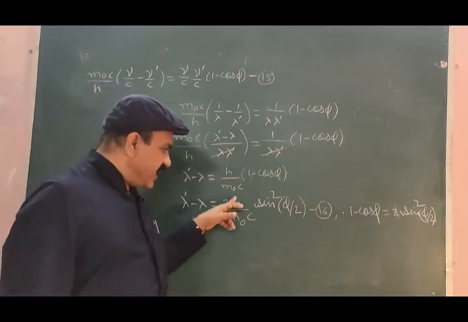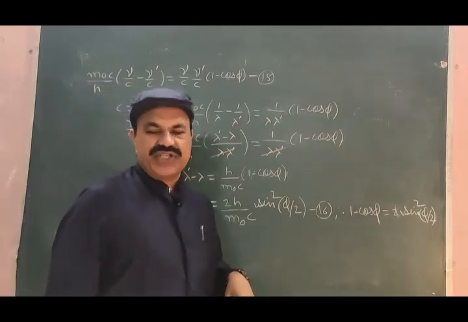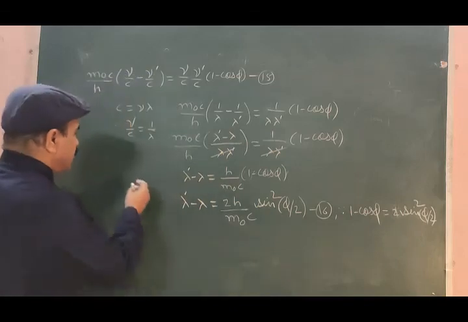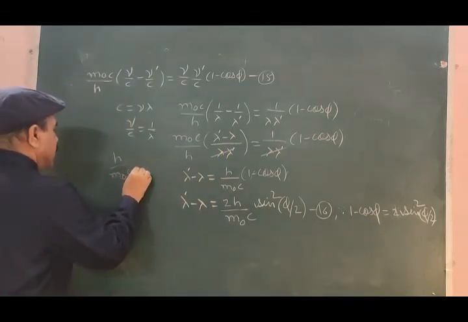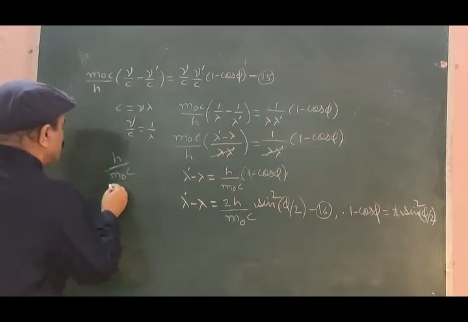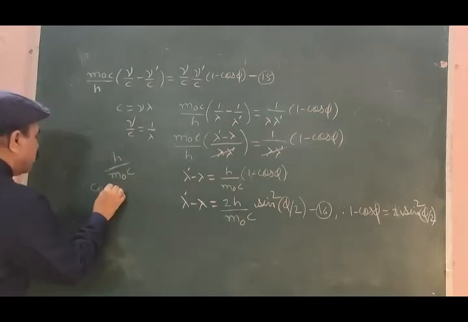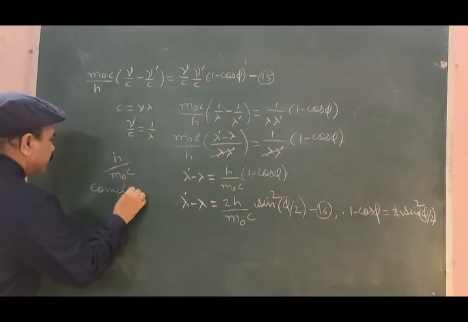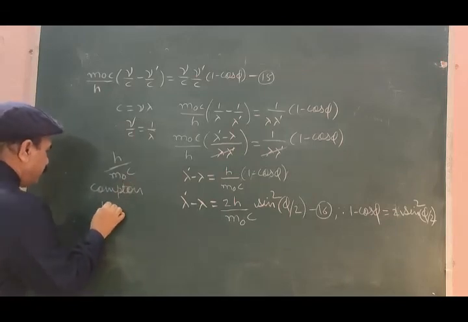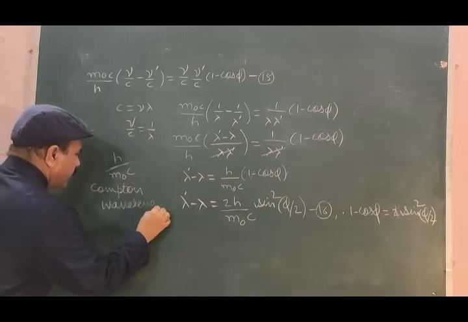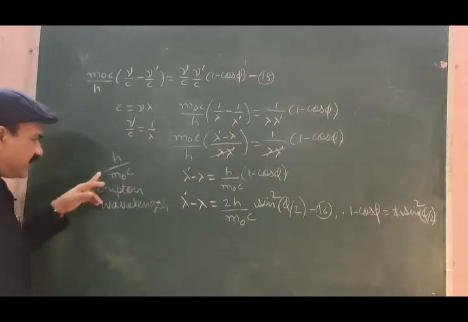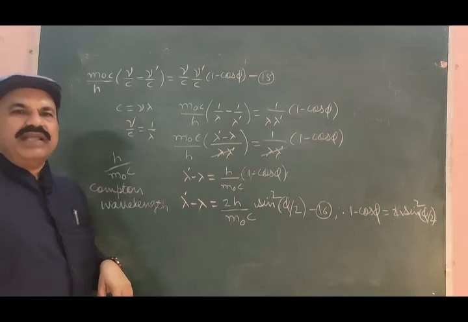In this equation, h divided by m0c is known as Compton wavelength.